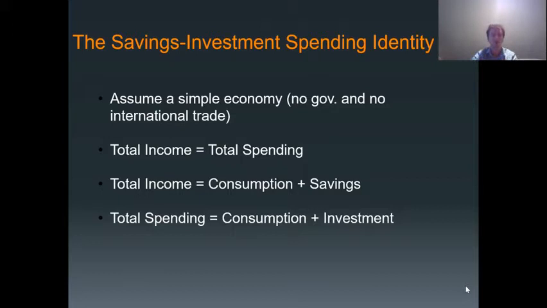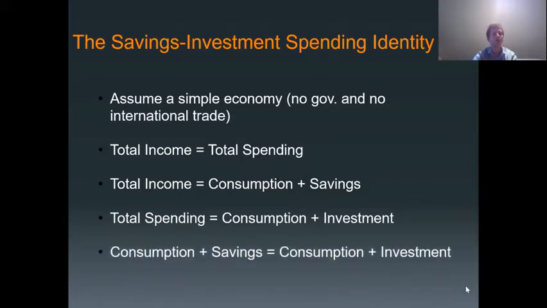Using those as both sides of our original equation, we get consumption plus savings, which is equal to total income, equals consumption plus investment, which is equal to total spending. If you simplify that, because consumption is on both sides, you end up with the savings investment identity: savings is equal to investment by definition.